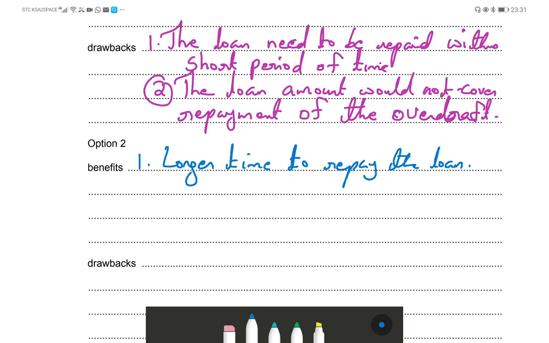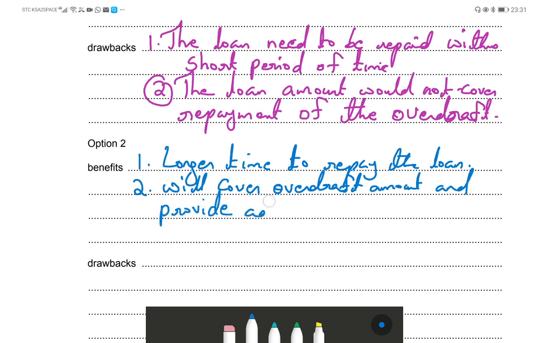Next, what is the next benefit? It will cover the overdraft amount and provide additional capital, because the bank loan is more than the bank overdraft amount.